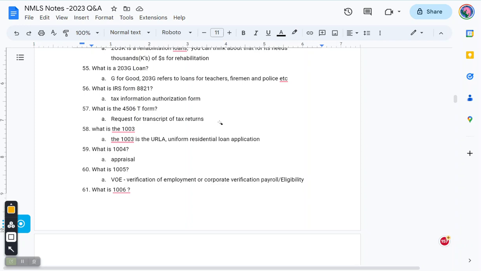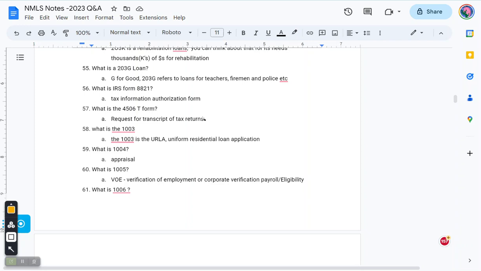What is a 1004 form? 1004 is the appraisal form. What is 1005? That's VOE or verification of employment or corporate verification of payroll. It's mostly the eligibility. E for eligibility. How do you define the eligibility? Through your employment.